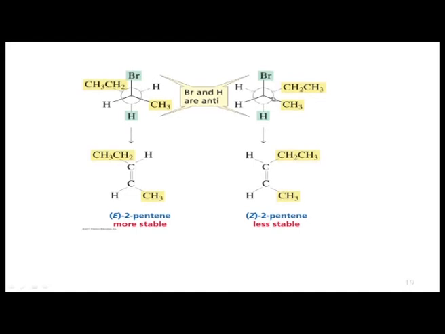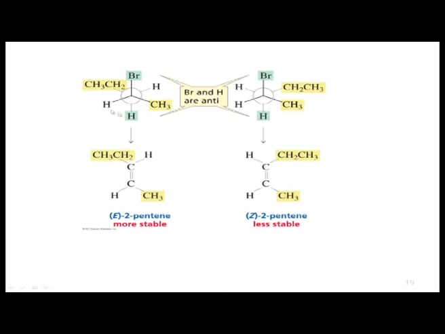Okay. But out of these we know that this is the higher energy conformer, as there is the steric repulsion between this ethyl and the methyl, which is not present here. So, this will be the favored conformer, and then when the elimination takes place, the methyl will eclipse this hydrogen and this hydrogen will be eclipsed by this ethyl.